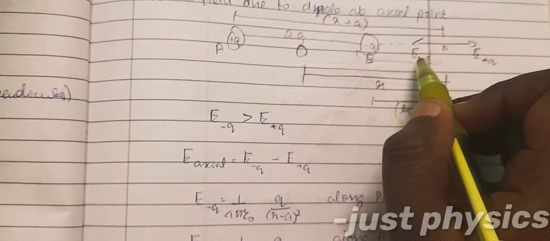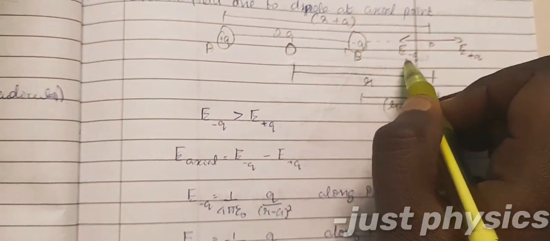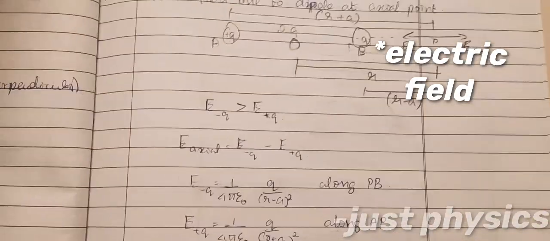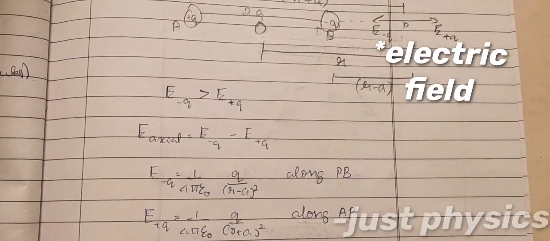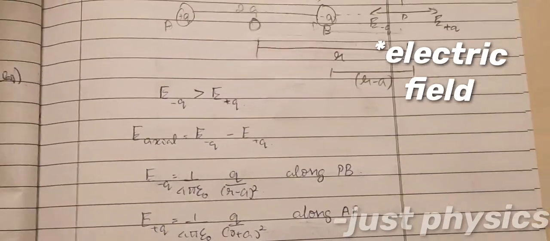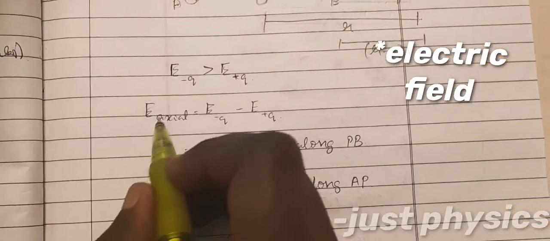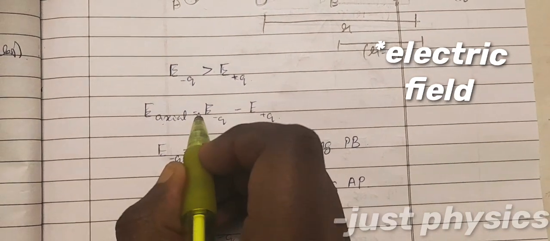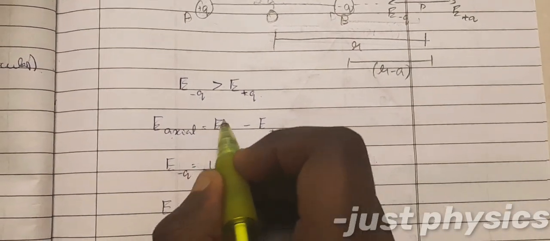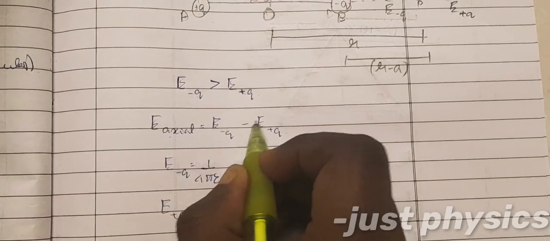So the lesser the distance, the greater the field. So E at the axial point equals E minus q minus E plus q.